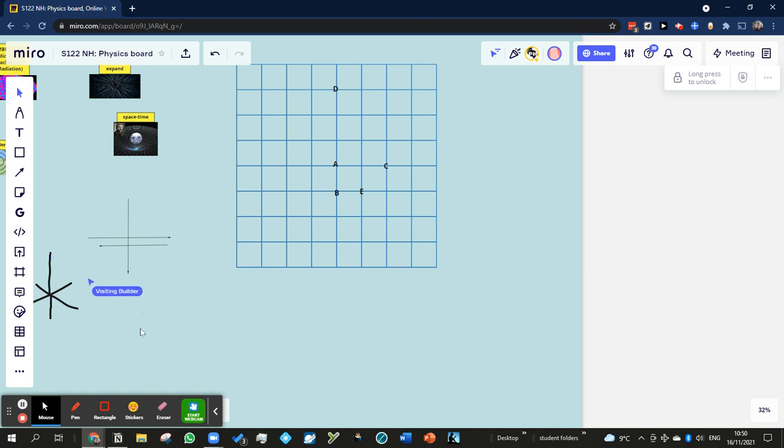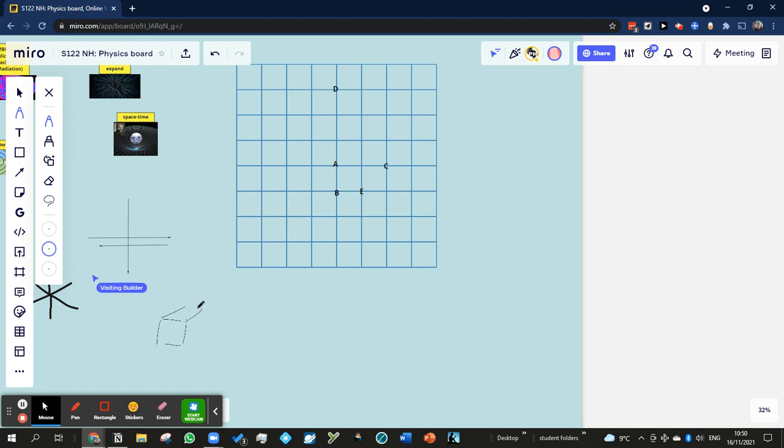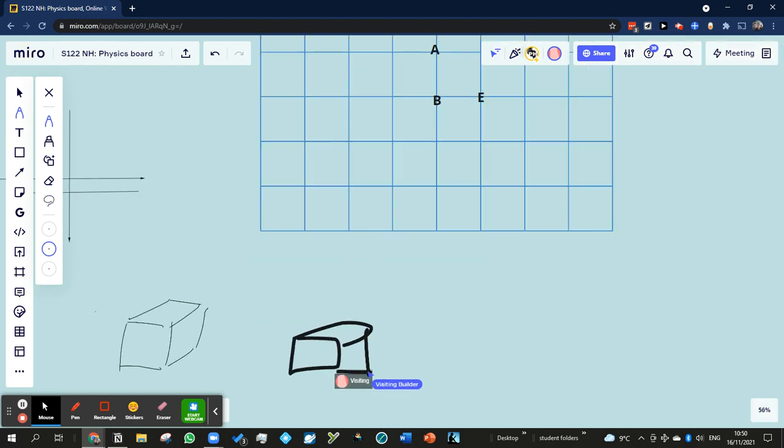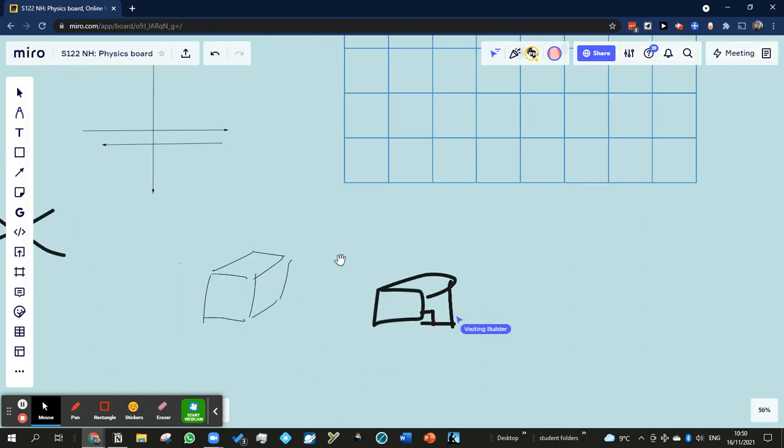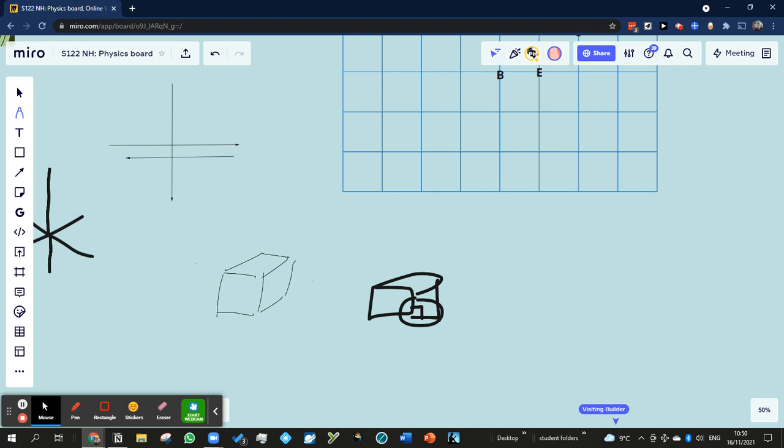So we have to represent 3D shapes by drawing cubes like this on a 2-dimensional surface, but they're only representations of the actual object. I mean, that's a right angle, that's a right angle, but that isn't a right angle, is it? We make the presumption that it's using perspective. That's how we would see a cube if we were looking at it like that.